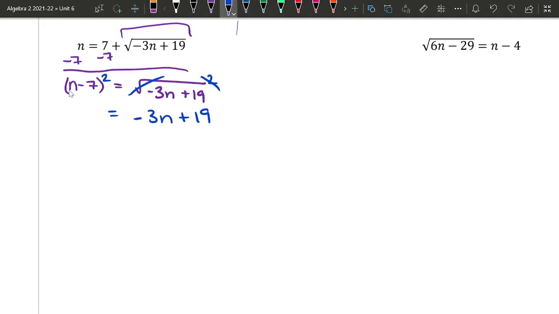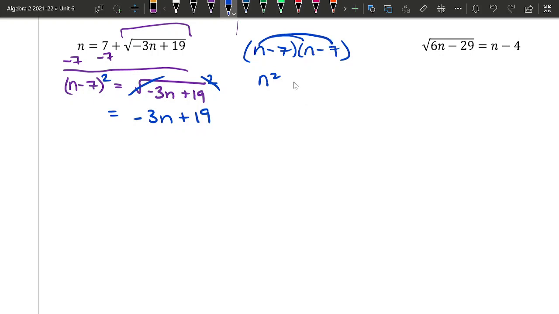All right, so I need to multiply that out. So I'll do that right over here. So I have n minus 7 times n minus 7. And this is the safe way of multiplying it out, is times itself, do the double distribute. N times n is n squared.